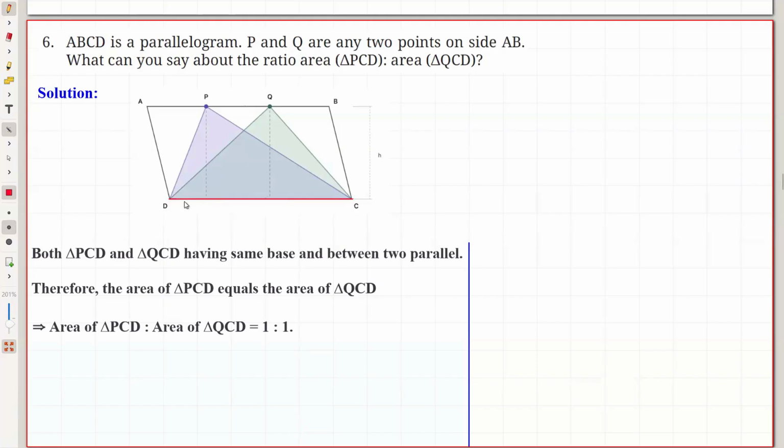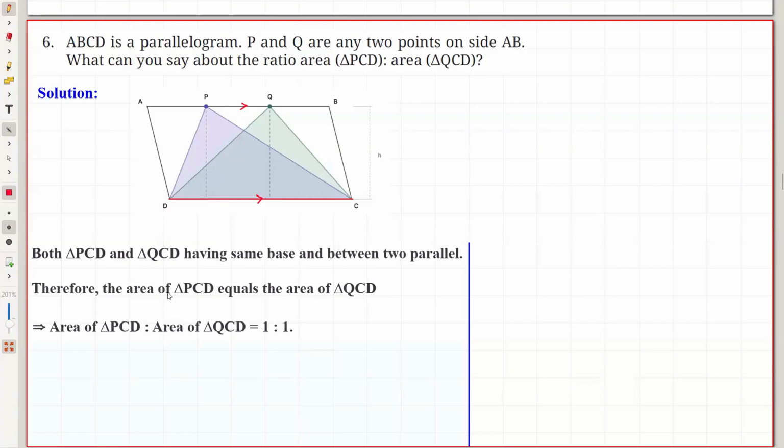The two triangles are having the same base and lie between two parallel lines, DC parallel to AB, because this is a parallelogram. Having the same base between two parallel lines, areas will be equal. That is the concept.